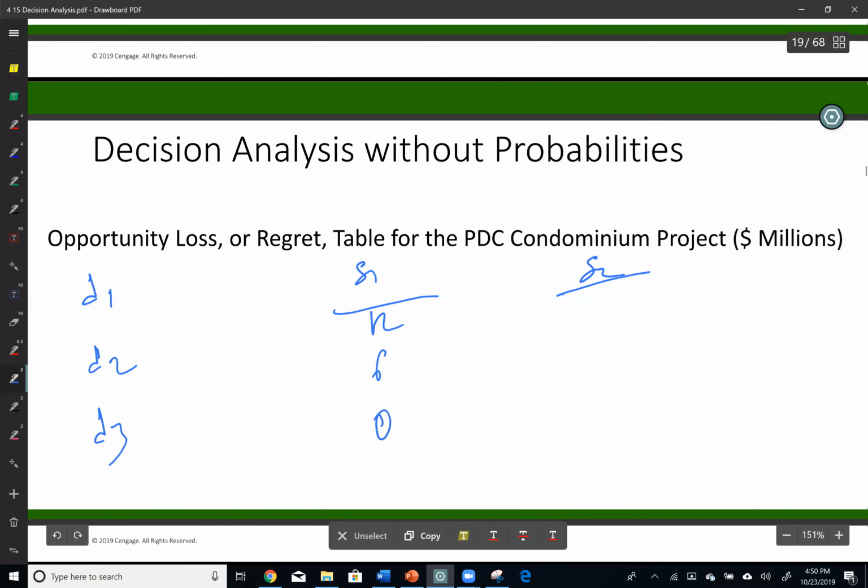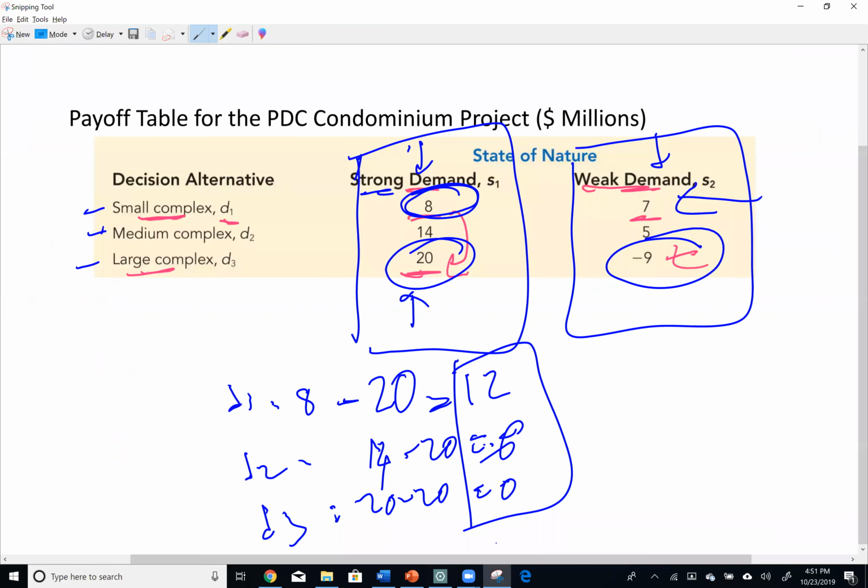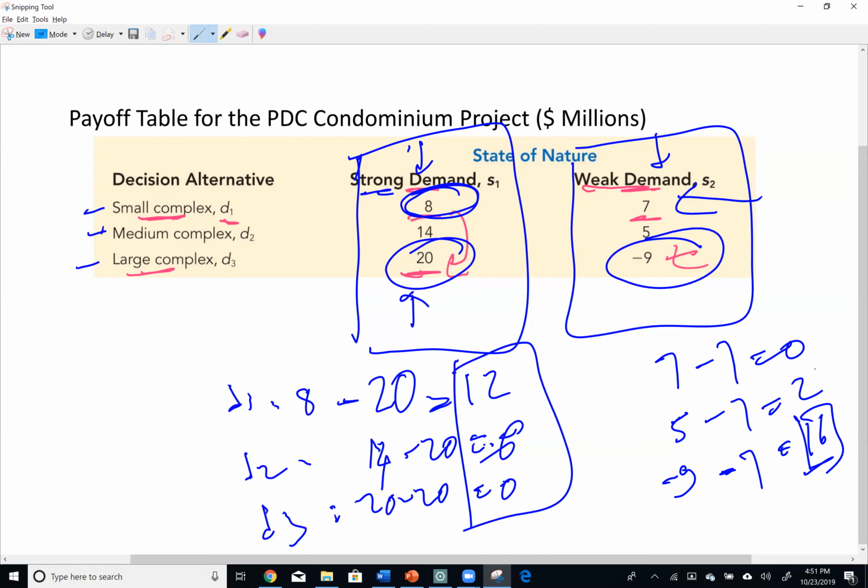If I do the same thing for weak demand scenario, then if I choose 1, I will get 7, and that's the maximum I can get anyway, 0 regret. If I go with decision 2, I would make 5 instead of 7, so my regret would be 2. And if I go with large complex, negative 9 instead of making 7, so now I am losing $16 million. That's my biggest regret here. So 0, 2, and 16.